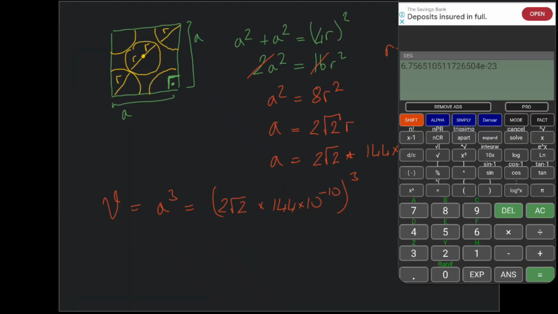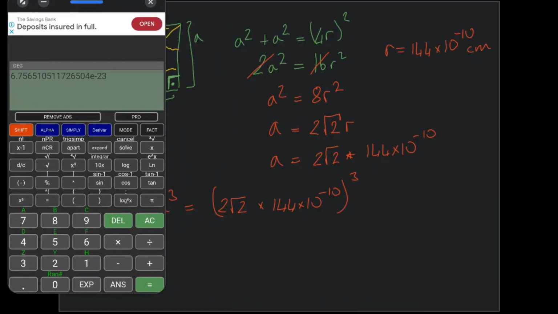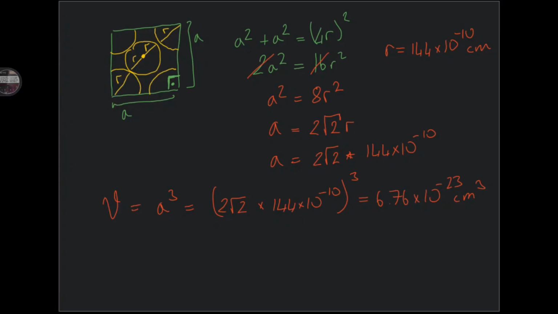So this is equal to 6.76 times 10 to the minus 23 centimeter cubed. This is the volume of the cube. And we have to know the mass to calculate the density, since density is mass over the volume.